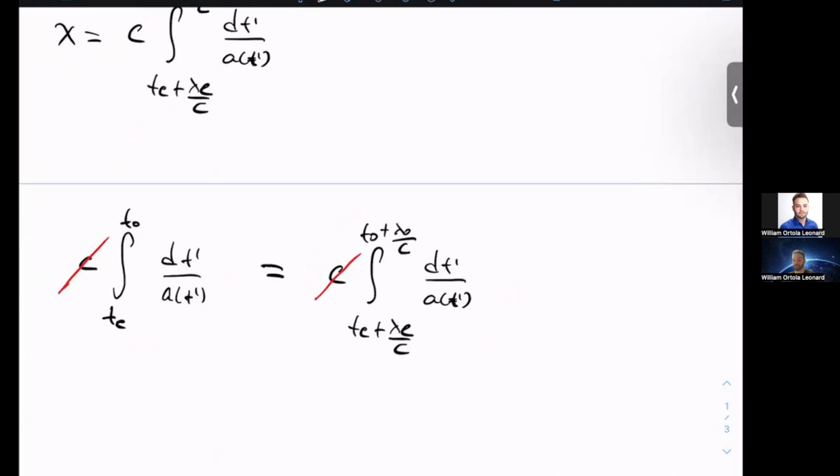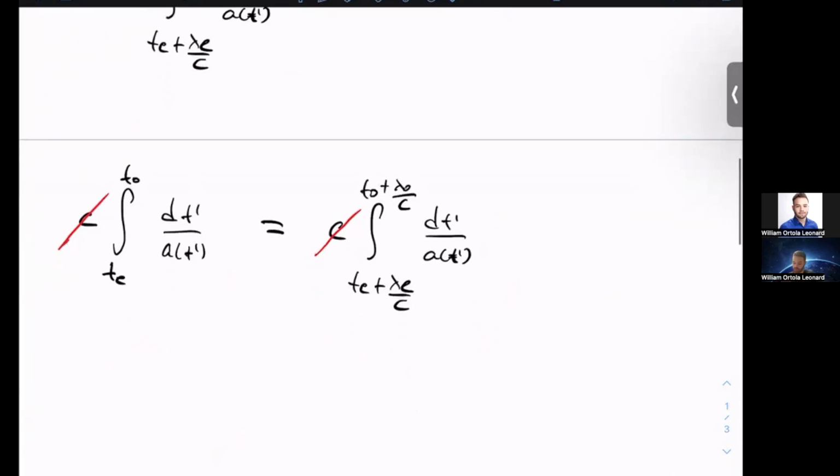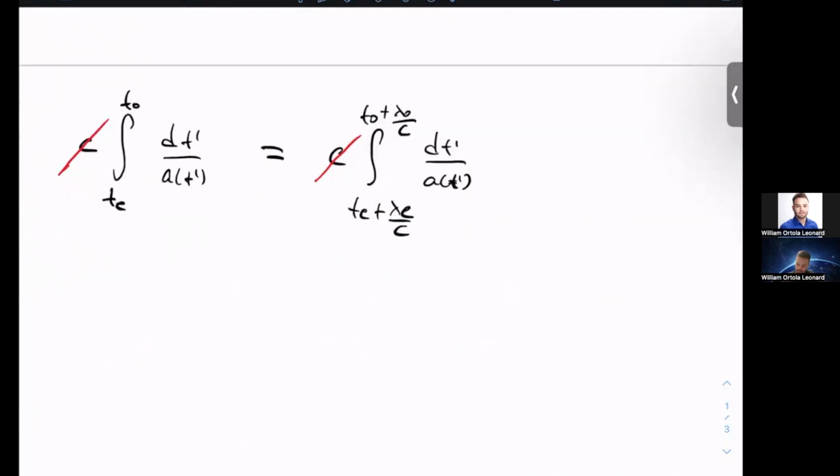And what we can do next is, on the right hand side, rewrite this integral in terms of three integrals, right? Remember, we have different limits in the integration variable, so we can use our tricks of calculus to make our life simpler. And you'll see what I mean right now.